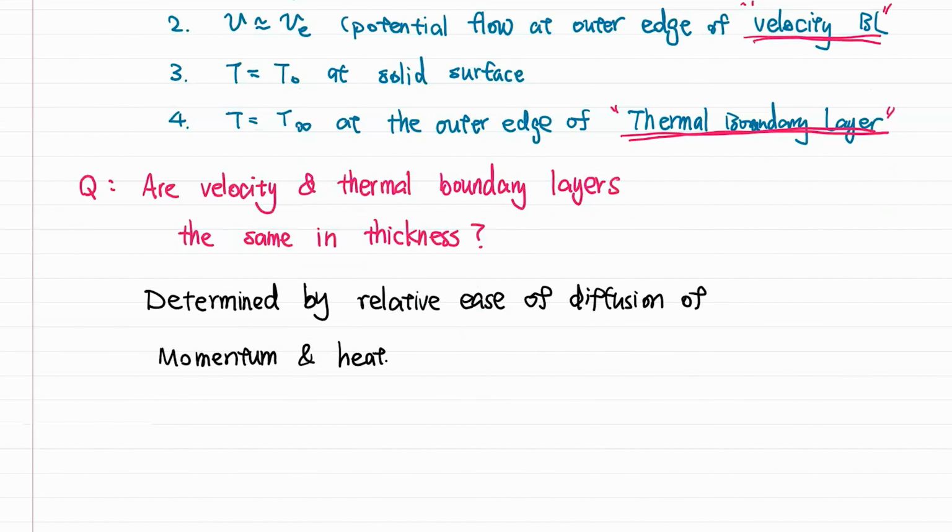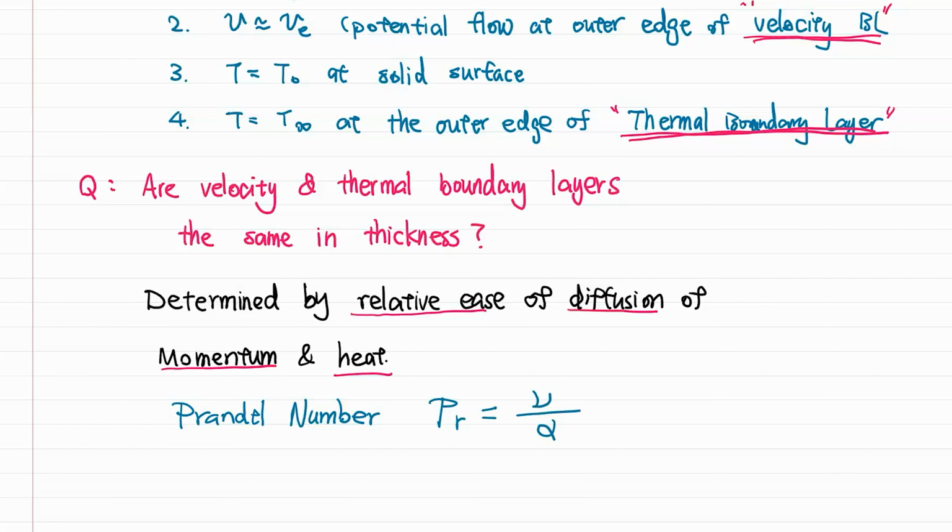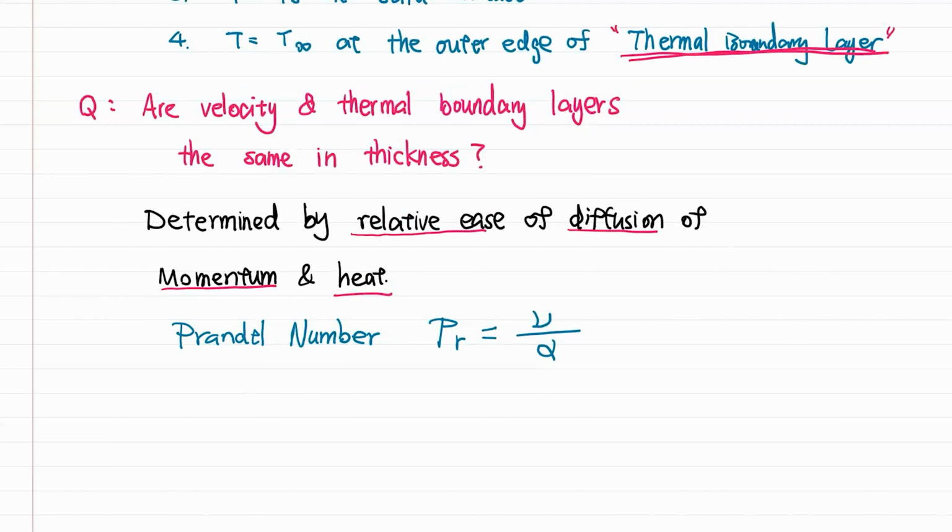Okay, so basically, what is the measure of the relative ease of diffusion of momentum and heat? The answer is something that you already are pretty familiar with, which is the Prandtl number. So the Prandtl number, abbreviated Pr, equals the kinematic viscosity, which is the momentum diffusivity, over the thermal diffusivity. And we can take analysis here.